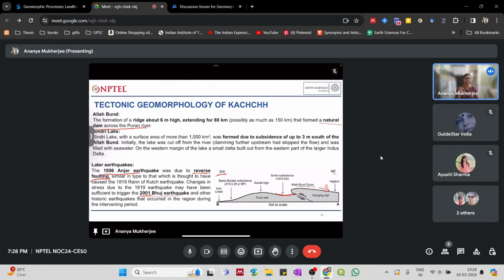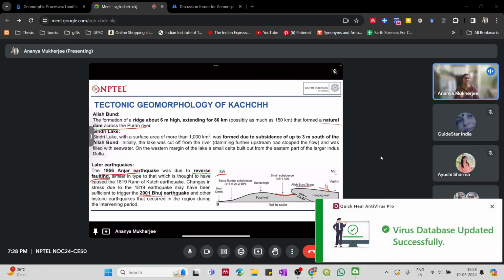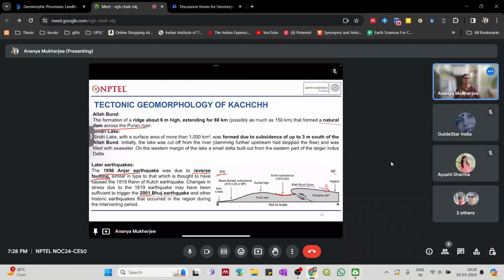But when it comes to the Kutch area, you can see that the time interval between two subsequent earthquake events is pretty high. The one earthquake which occurred around 200 years ago has very long term effects, and it causes long term changes in the topographic and the tectonic setup of the area, and it can cause further earthquakes.